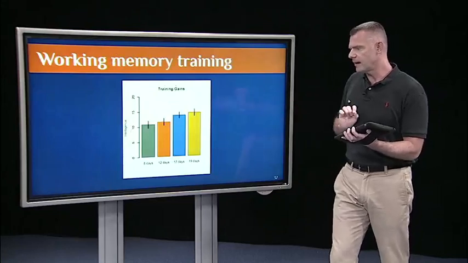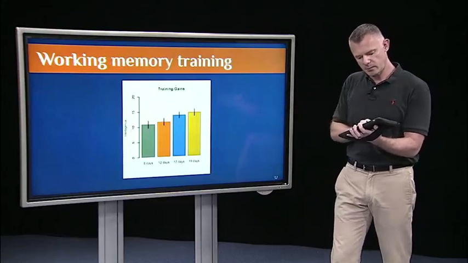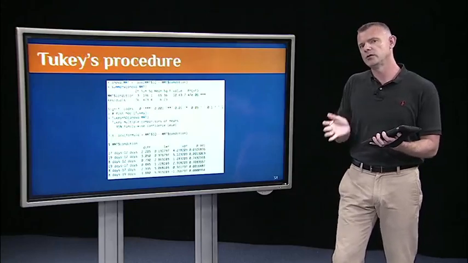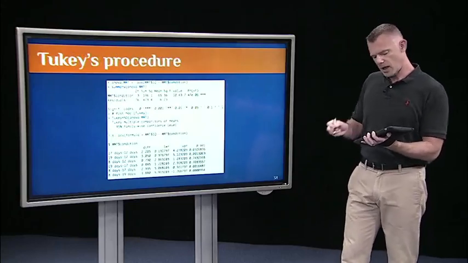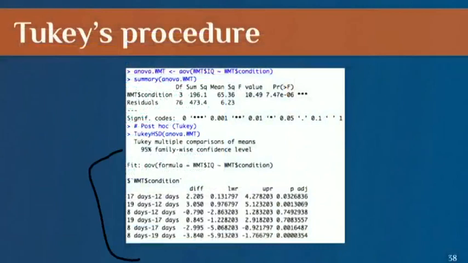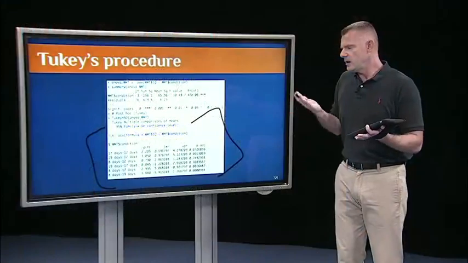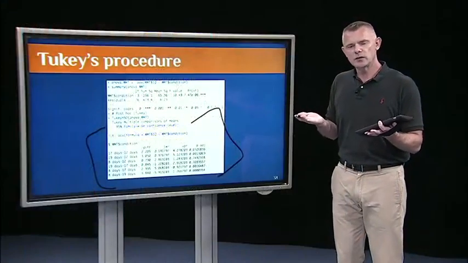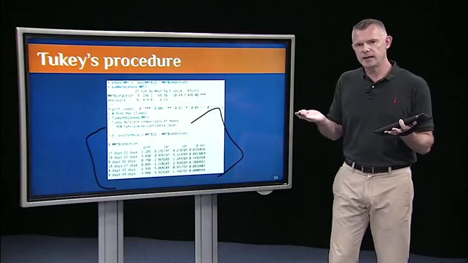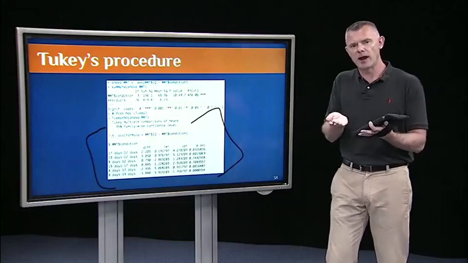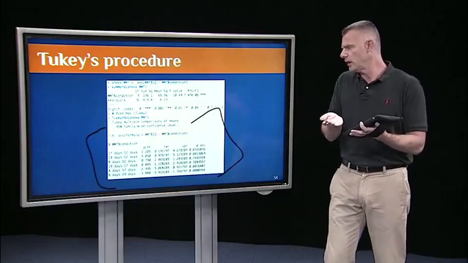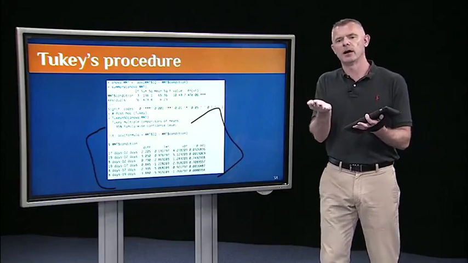So let's look again at this working memory training example. Here is the output I showed you in the last segment. And at the bottom is Tukey's procedure. The logic behind Tukey's procedure is he assumed that what most researchers are going to want to do is engage in all possible pairwise comparisons. So he just corrects for that many comparisons.